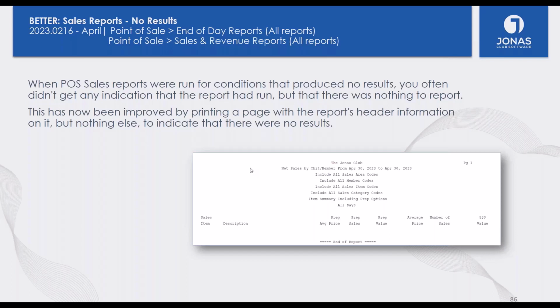Previously, you would select run and it just wouldn't provide you with any information on the report, as if nothing happened. Now it's going to actually generate the report, but it will still not provide any detail, but you'll at least have an idea of whether your report ran properly, and whether you need to go in and change your conditions.